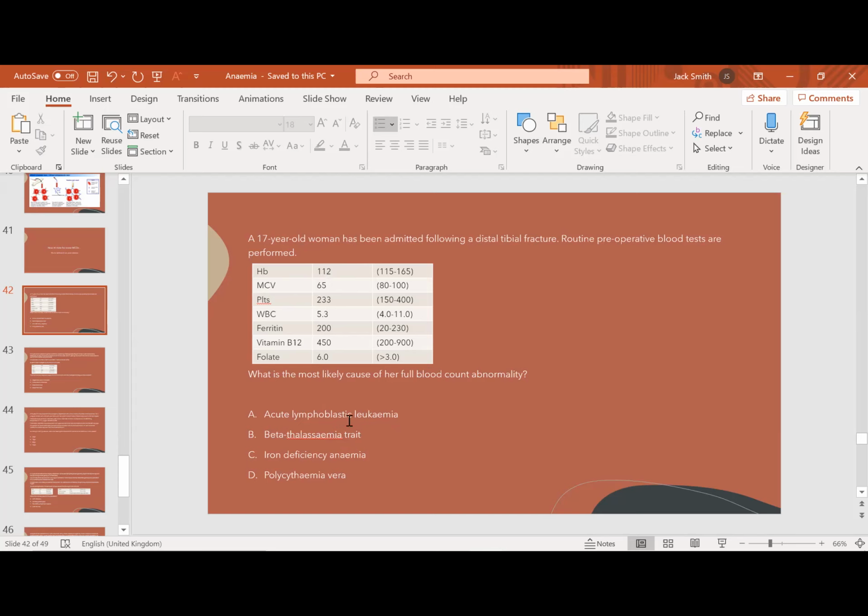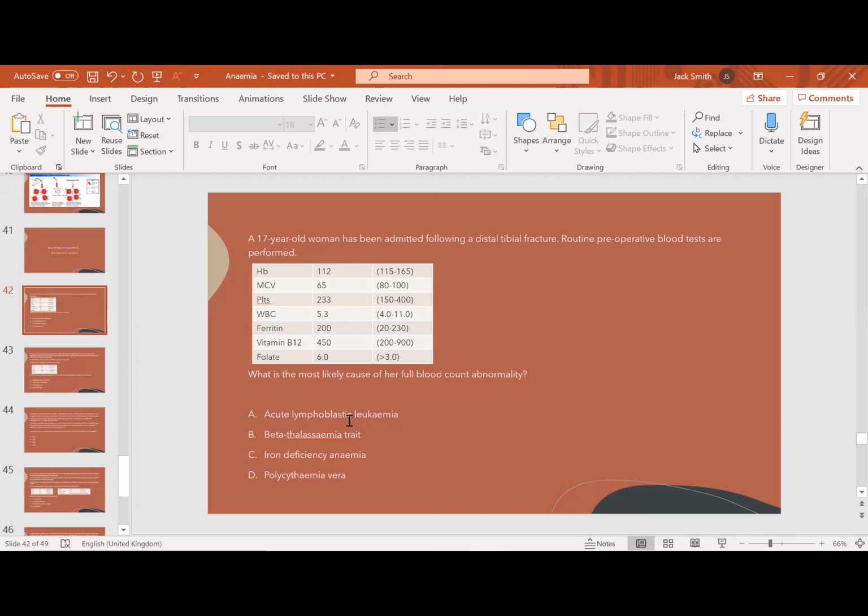A white cell count that high, you wouldn't see it with an acute leukemia. Splenomegaly is also not seen in acute myeloid leukemia. Aberrant cells are removed by the spleen, so as they build up, you get splenomegaly in this case.